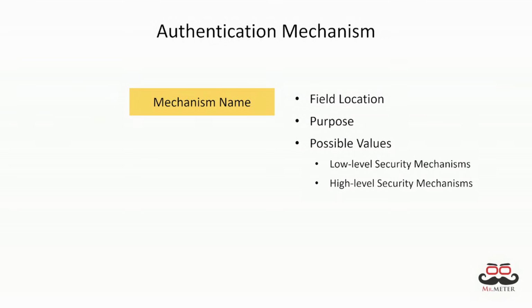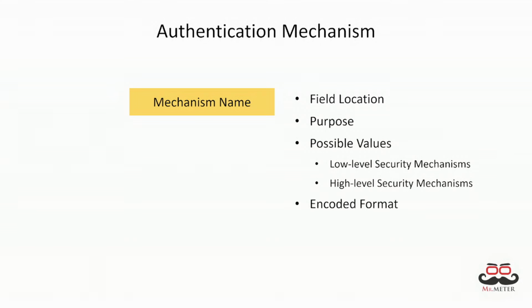The low-level ones, for example, include mechanisms based on shared secrets, for example, passwords or symmetric keys. And the high-level mechanism examples include mechanisms based on public key cryptography, for example, certificates and digital signatures, for stronger authentication and secure communication.